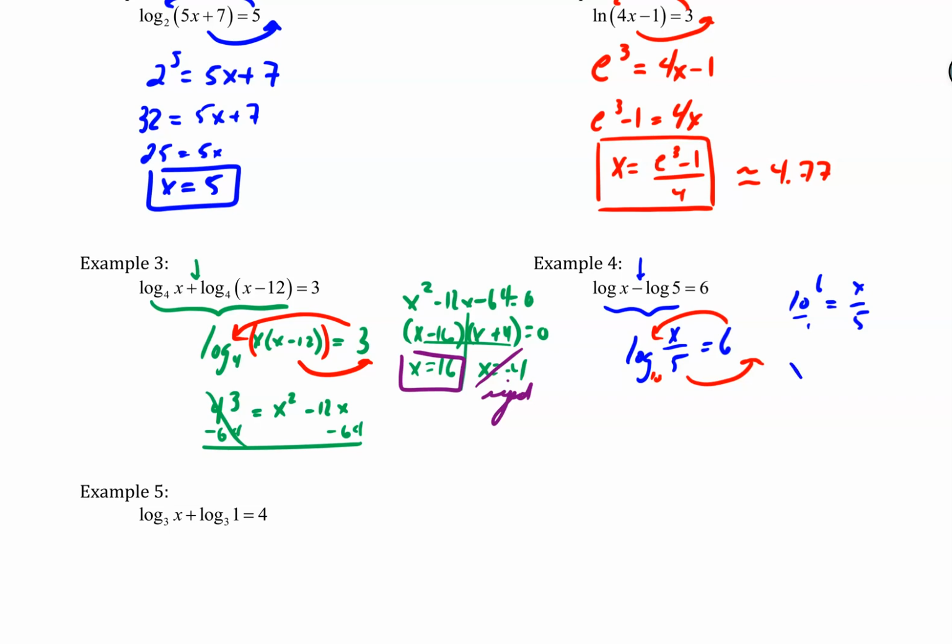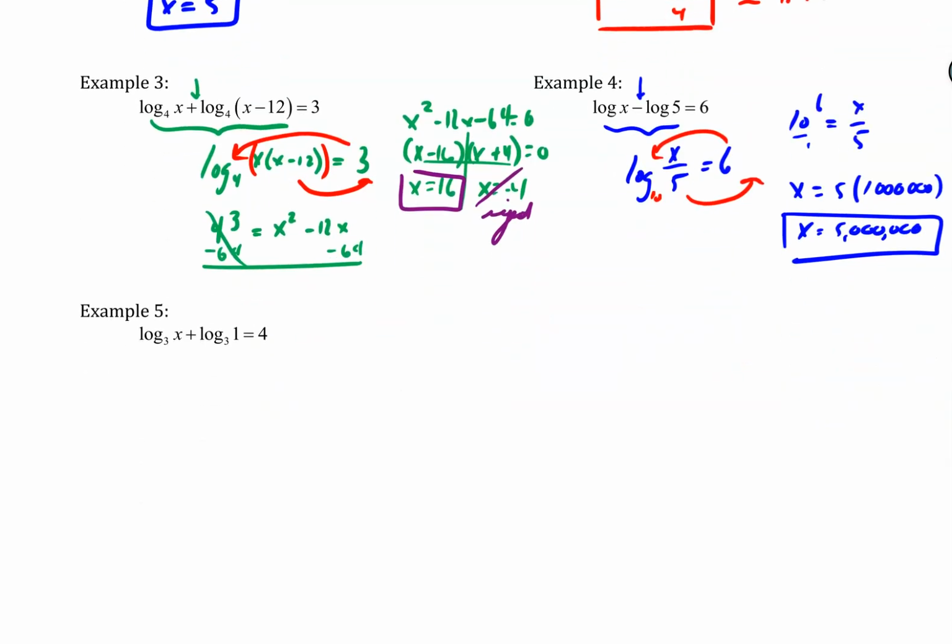So I really have x is equal to 5 times 10 to the 6th. What is that going to be? 1,000,000? So therefore, x is really 5 million. And that would be my value for that. Again, plugging it in, check, see that it worked out.